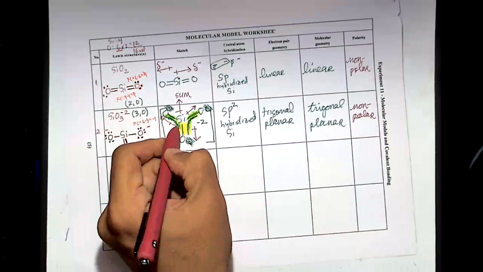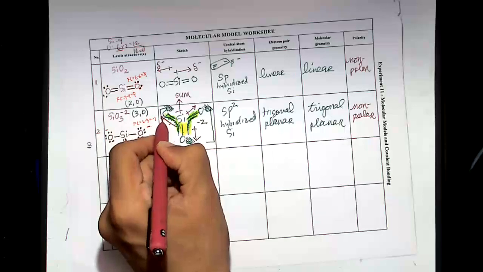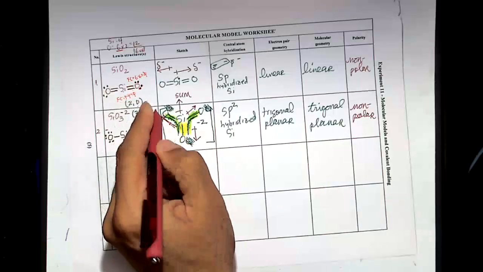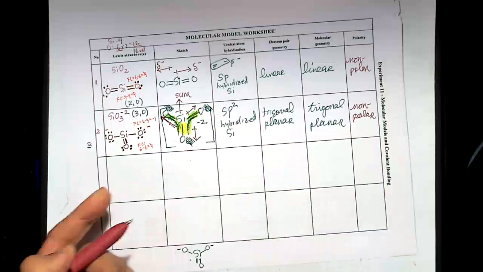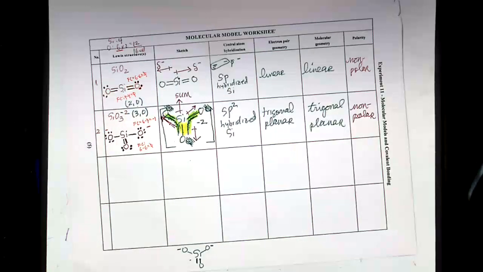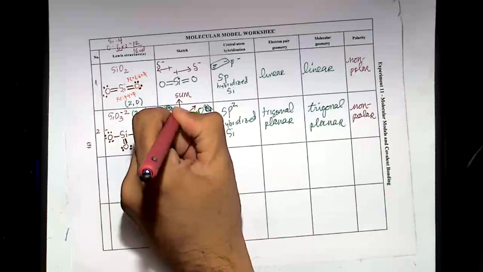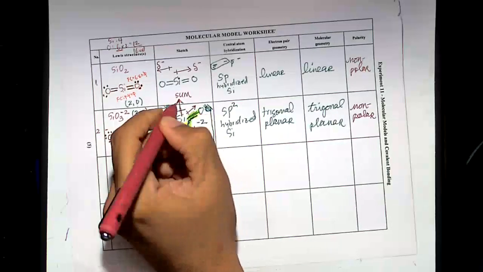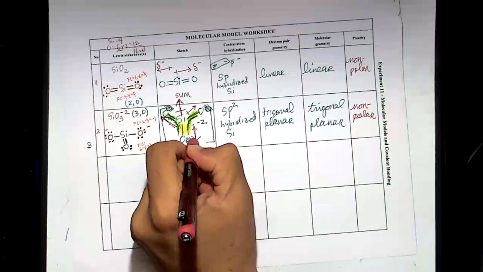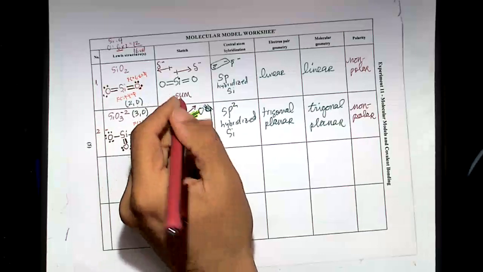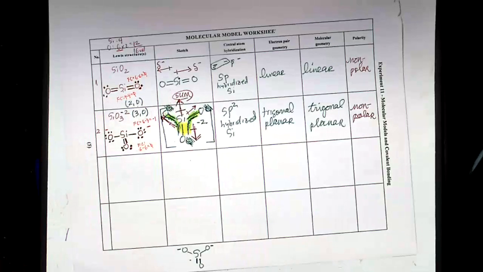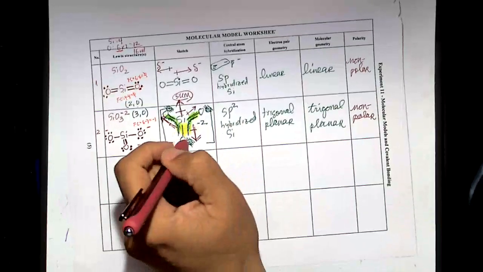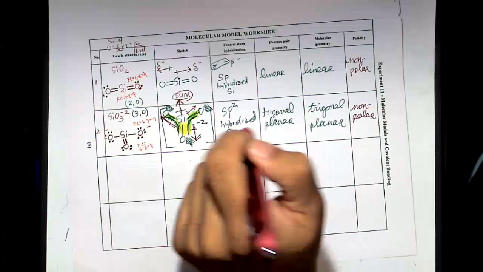Do you see this? At this angle, which is 120 degrees, it's going that way. This angle, it's going that way. If you add these two vectors, it's actually going to go up, and that's going to balance out the oxygen that's pulling down. So the sum of these two at an angle is up, which cancels out with the oxygen pulling down.